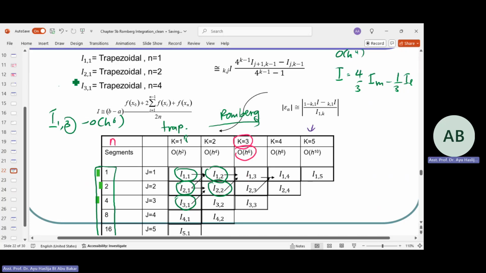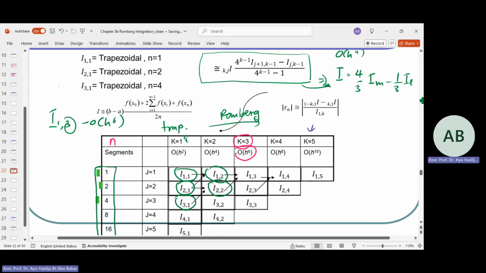Okay, listen. You will not be given this equation. You will be given the general Romberg equation, in which if you substitute everything, you will get this equation.